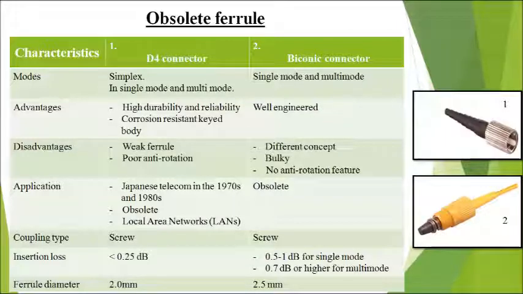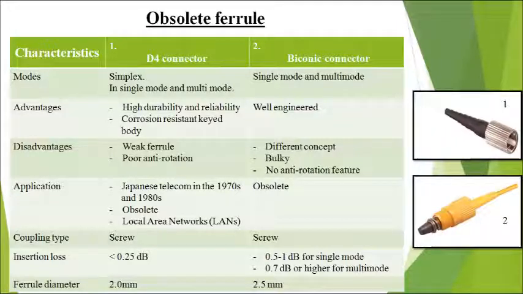The second one, the Biconic connector, comes in single mode and multi-mode. The advantage of Biconic connector is well engineered. The disadvantages of Biconic connector are different concept, bulky, and no anti-rotation feature. Biconic connector application is obsolete.